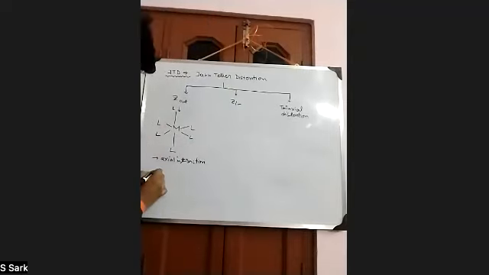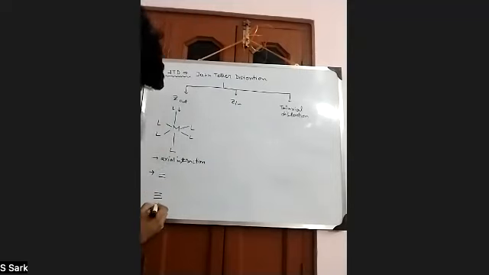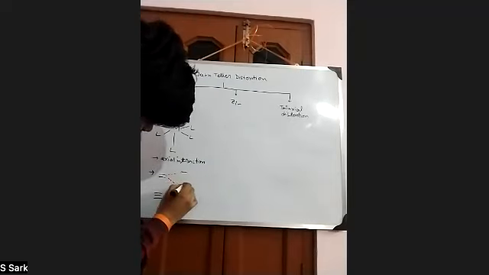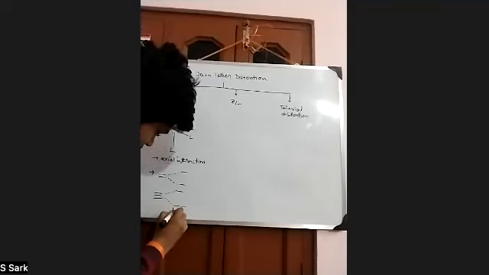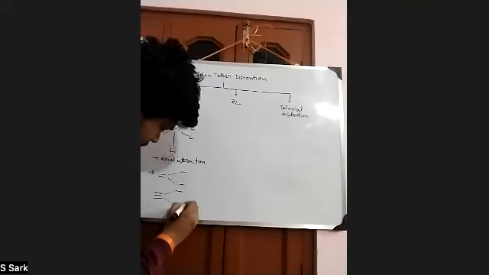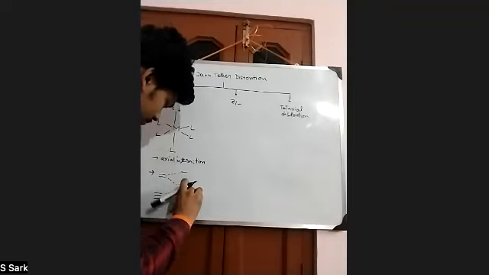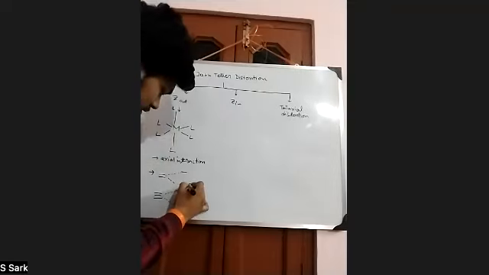We have seen in CFT the d orbital splits itself into EG and T2G. Now in case of JTD, it further splits and shows this type of splitting. This is XY, and this is dz square, this dx square minus y square.